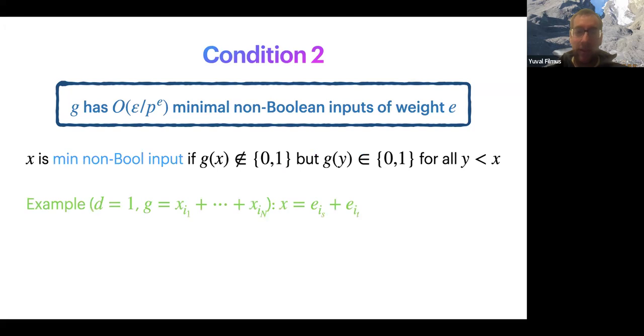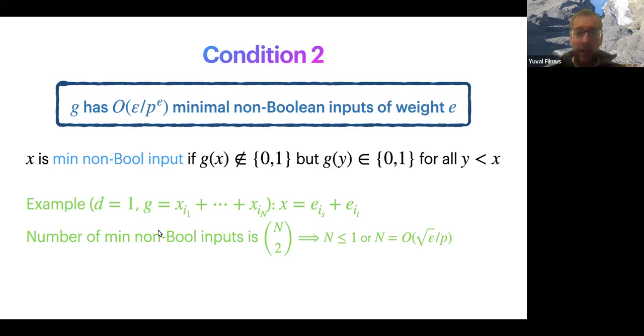Okay, and maybe I'll give an example. Again, in the case d equals 1, if you take this function G, then here's a minimal non-Boolean input. You just take some vector of Hamming weight exactly 2. The value of G on this vector is 2, which is not Boolean. But if you look at all the vectors below it, then the value is either 0 or 1. So this is the minimal non-Boolean input. It's not a complicated concept.